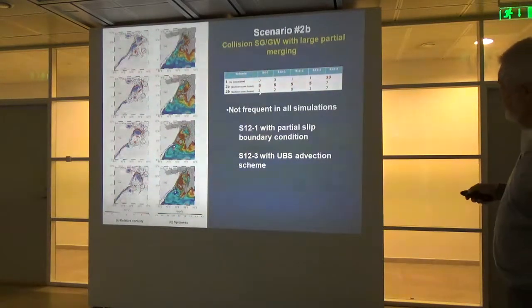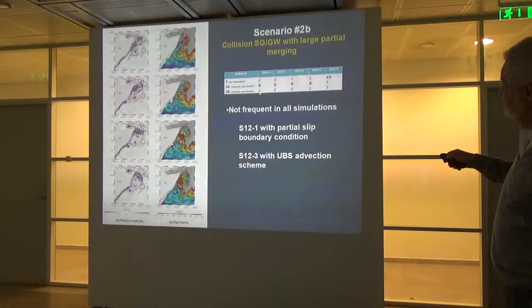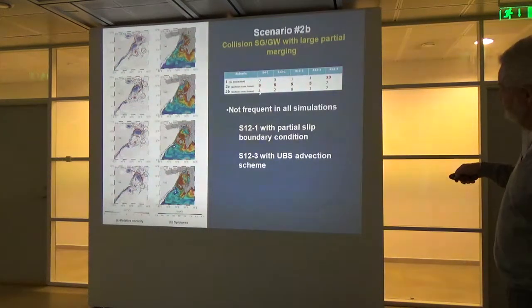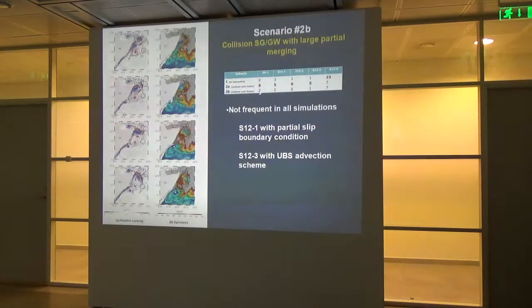And you can see that in the spiciness. Here you have the Great Whirl, here you have the Southern Gyre, minty and spicy water, and you see that they are looping around and mixing all together. So here we do have a mixing of the two eddies in this scenario.